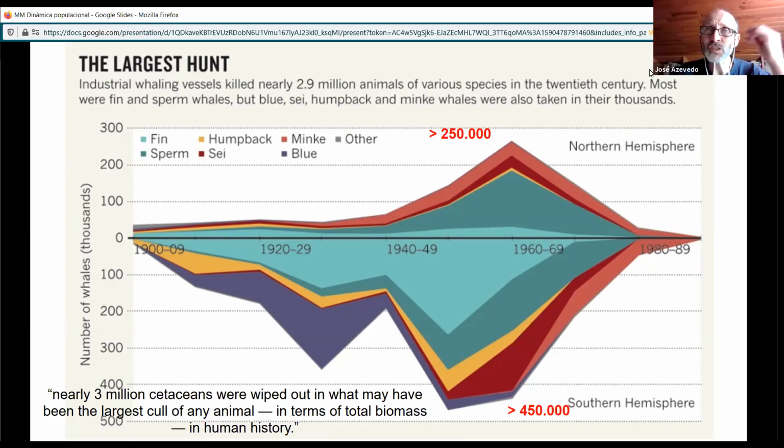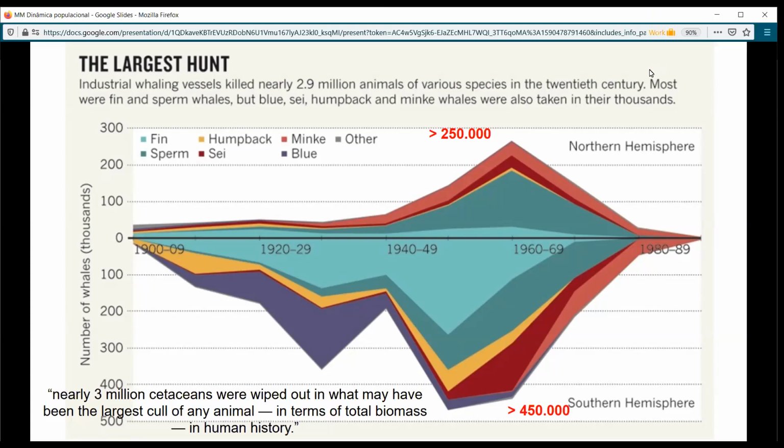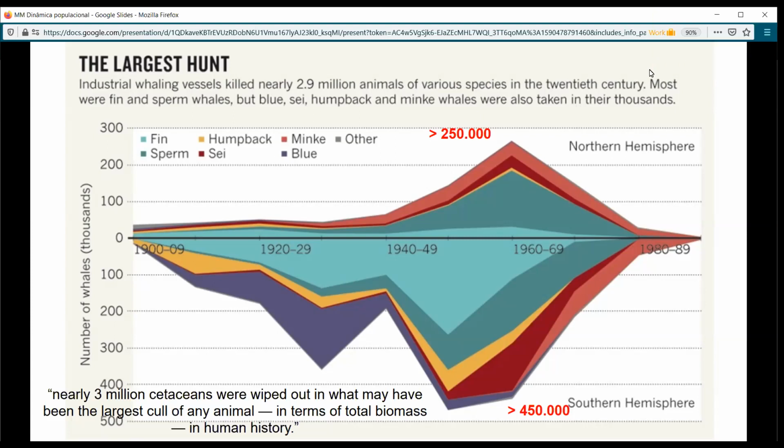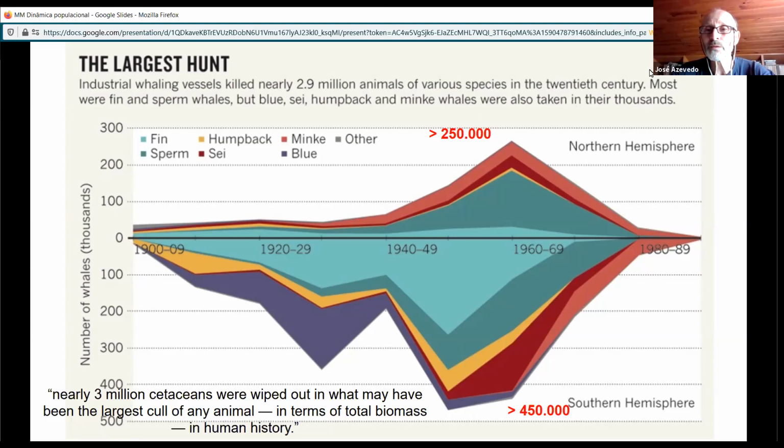The moratorium was established in 1982 and to take effect in 1985, if I remember correctly. But my point here is that cetaceans in particular are in a very bad position because they're K-selected species. Their populations grow very slowly.